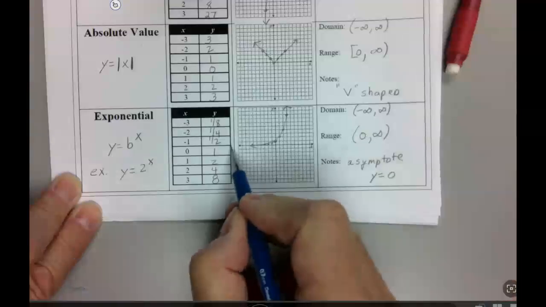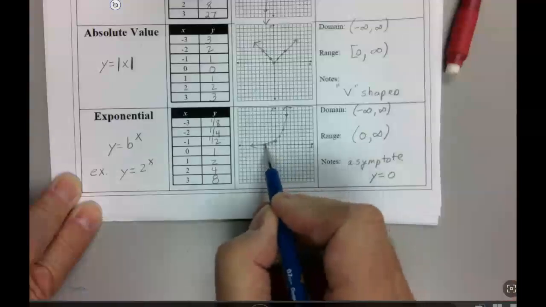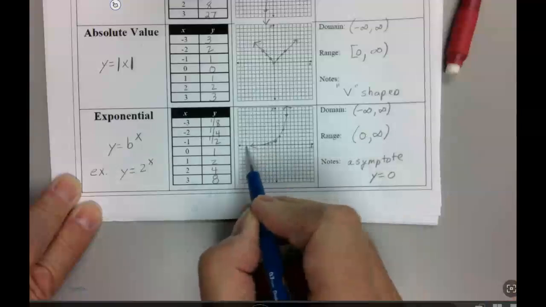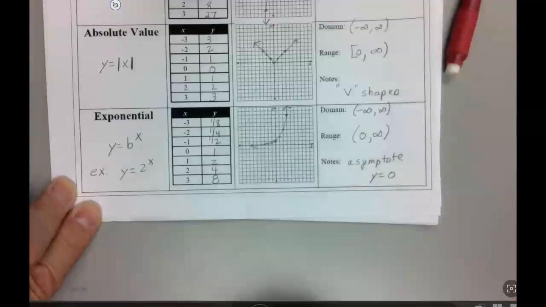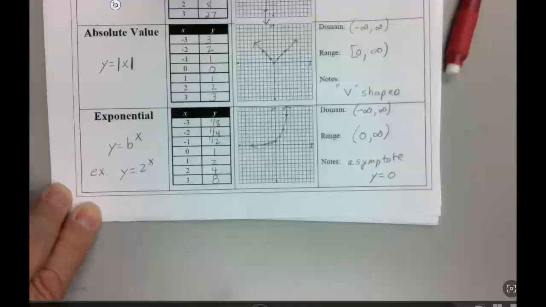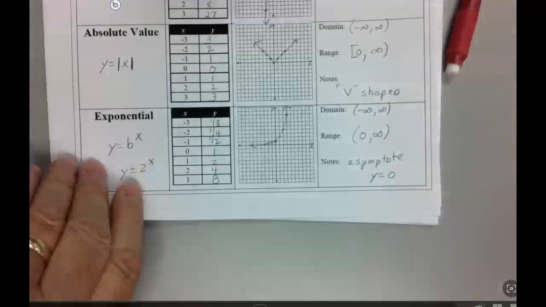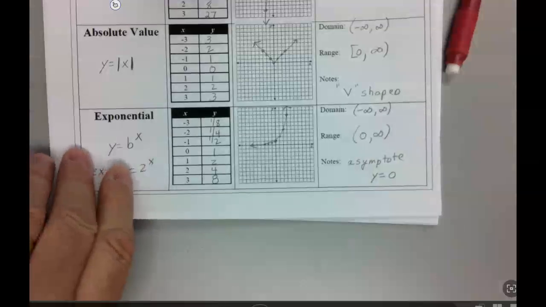What I mean is this graph is going to get so close to the line y equals 0 right here, this horizontal line, it almost looks like it, but it really doesn't ever touch it, okay? Everybody have that? We okay?